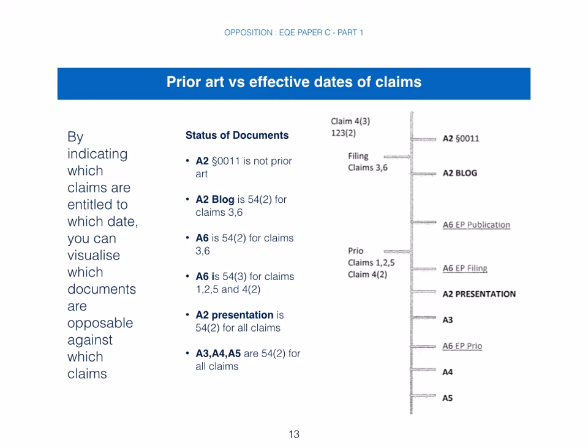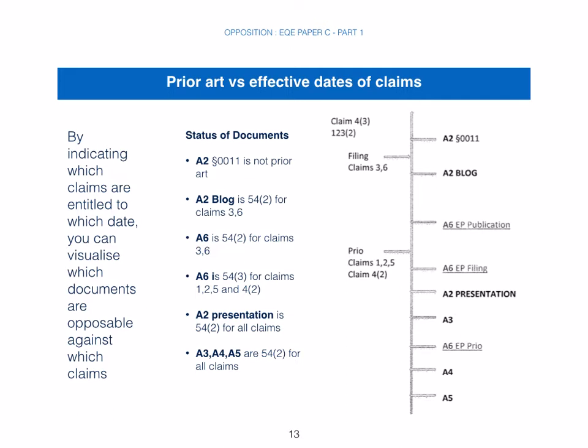So by indicating that claim 3 and claim 6 are entitled to the filing date, and by indicating that claims 1, 2, 5 and claim 4, when it depends upon claim 2, are entitled to the priority date, we can read off the status of each document in relation to the opposed claims. So we'll read it off. It's in the middle of the slide.